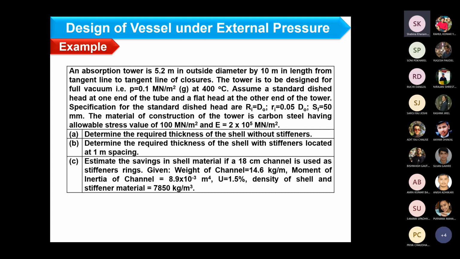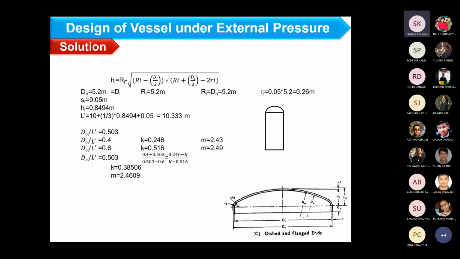Out of roundness is given as 1.5 meter. Density of the shell and stiffening material are both the same, 7850 kg per meter cube, right? These parameters will be used to estimate the saving in shell material. So all these parts we will discuss. Let me start with the first part.